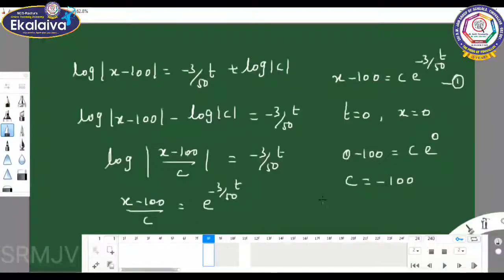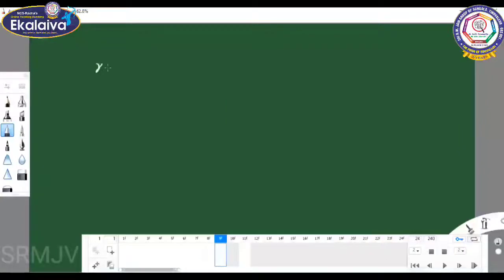So you can substitute c equal to minus 100 in equation 1. What is the value we are getting? x minus 100 equal to minus 100 e power minus 3t by 50.